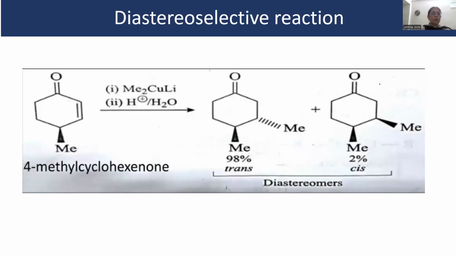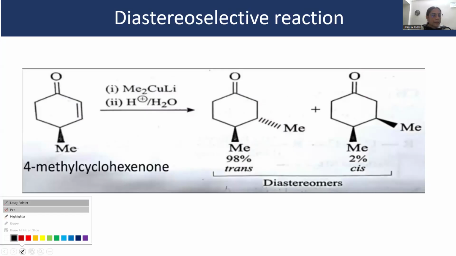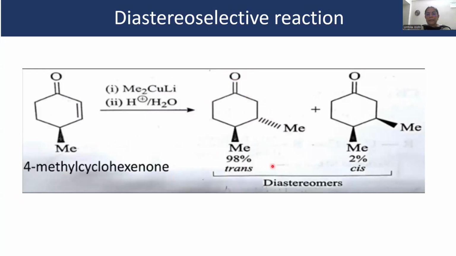This is a diastereoselective reaction. Look at this: 4-methyl cyclohexenone. When it is methylated at the double bond, the first product that is shown is a trans product, because this methyl group and this methyl group are not pointing in the same direction.